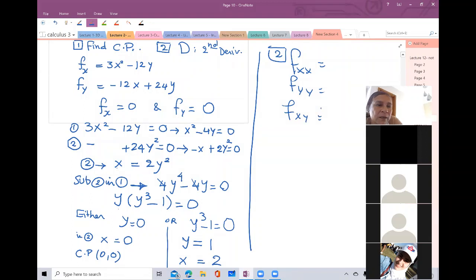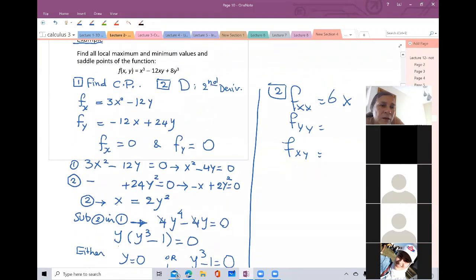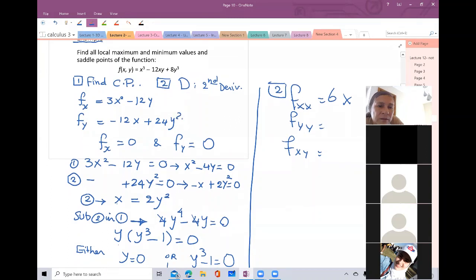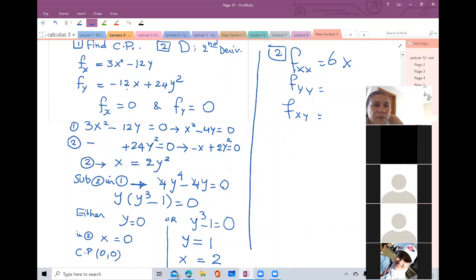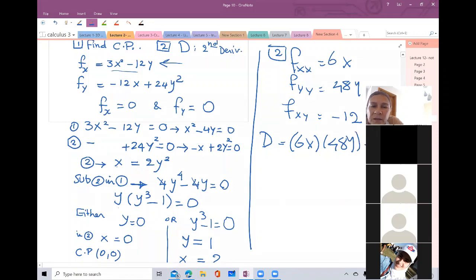Here we have 6x, and here we have... something is wrong again, this is squared, right? Are we going correctly? Okay. So here fyy will be 48y, and fxy, let's take it from here, with respect to y, I'll have negative 12. So my expression is equal to 6x times 48y minus 12 all squared. Okay, this is my expression.